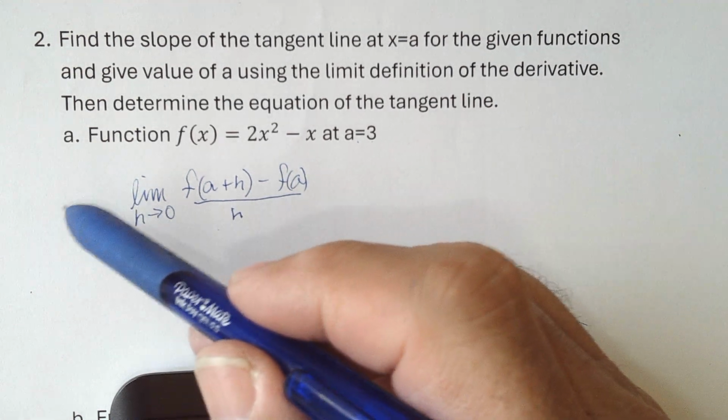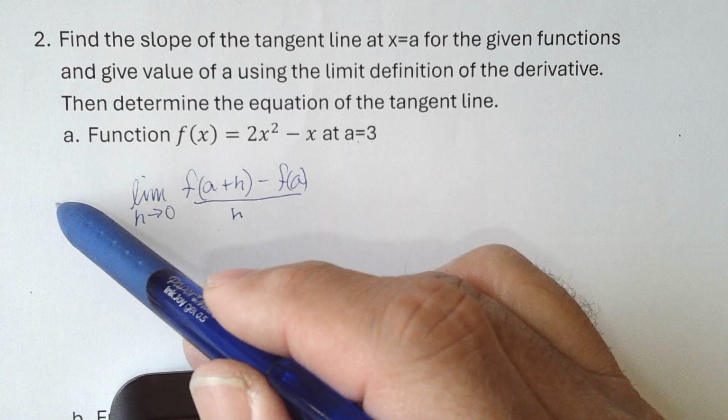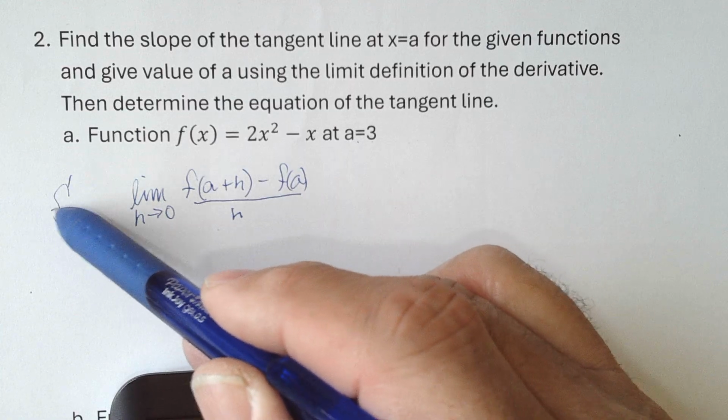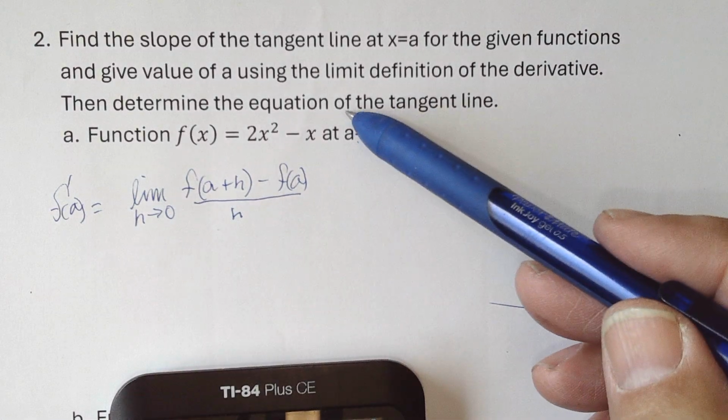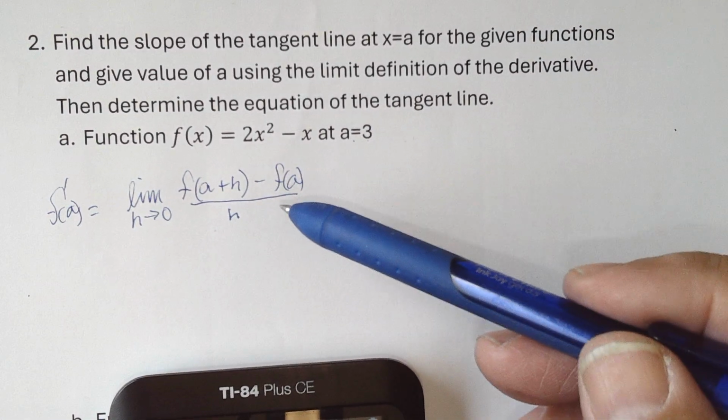That's how we'll get the slope, f prime at a. And we need the slope there to be able to write the equation.